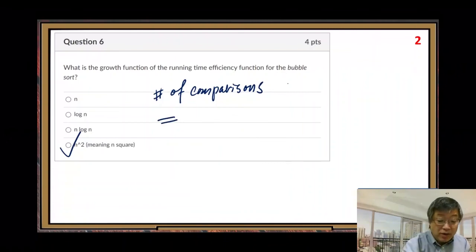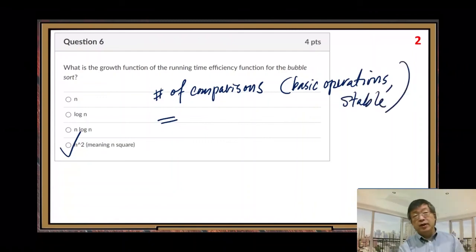Because when you count the number of comparisons, those are the basic operations. We have this concept, basic operations, right? It is stable. For any input case, the number of comparisons is stable.